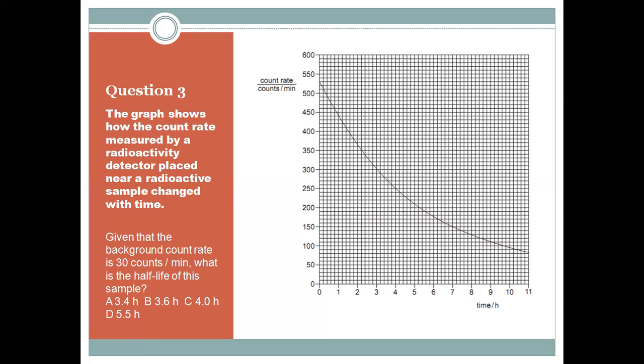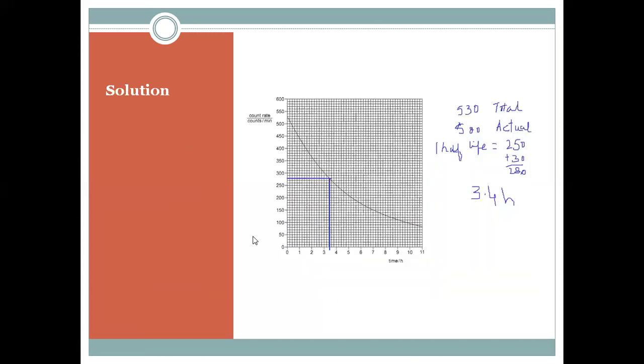So half-life means half of the actual count. First, you subtract the background count from 530. So 530 minus 30 is 500. So at t equals 0, the actual counts observed were 500 counts per minute. One half-life means half of 500, which is 250.